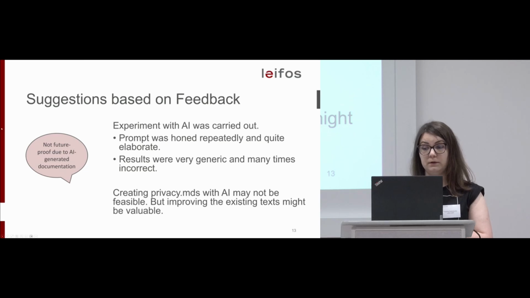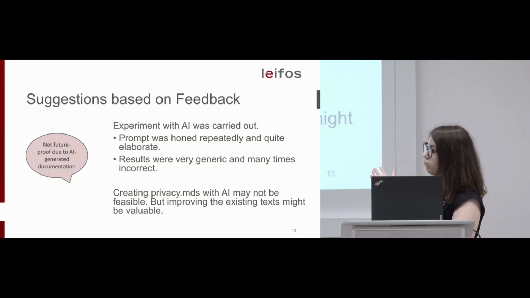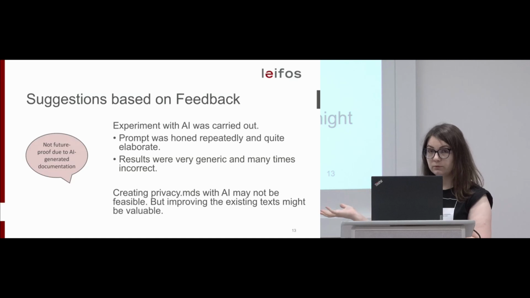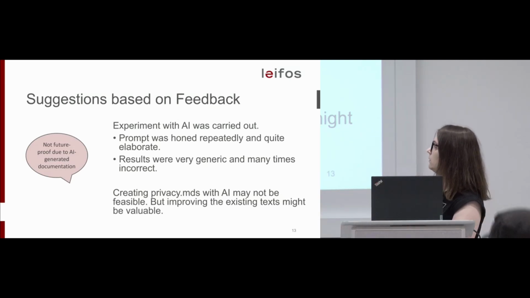So that's why I think that's not really a problem for Privacy MDs, and they are future-proof. AI does not have this expertise in data protection. AI doesn't understand how ILIAS works under the hood, so I don't think it's really not future-proof.